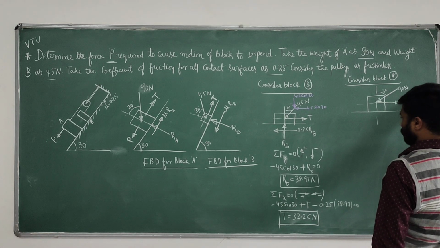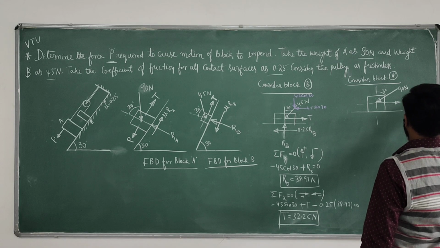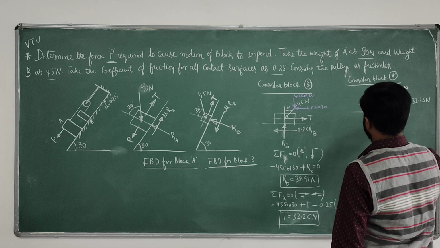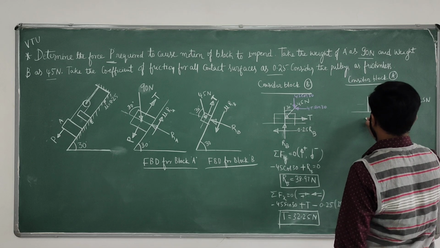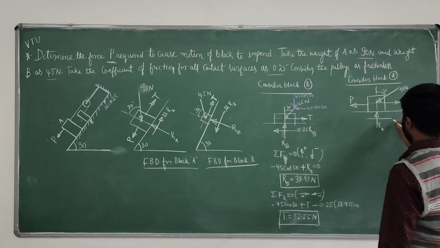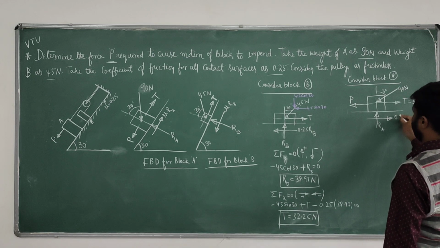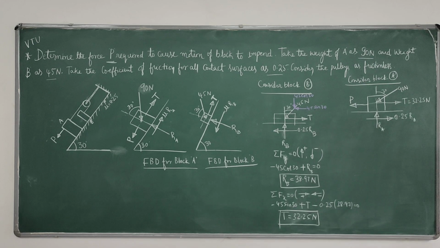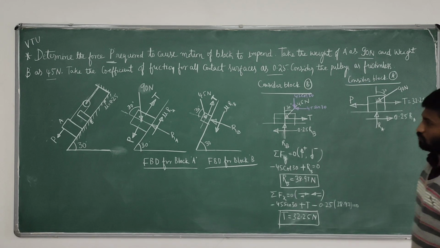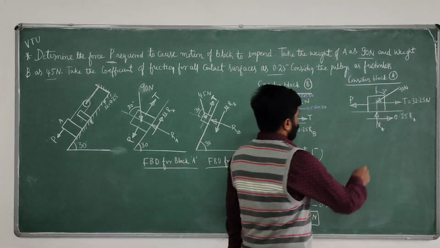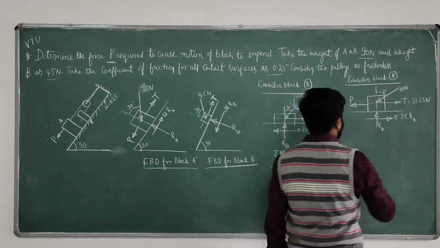T value is 32.25 Newton, and one more we are having the reaction RA, and one more unknown force P, therefore friction 0.25 times of RA. So this is the free body diagram. So 1, 2, 3, 4, 5 forces.